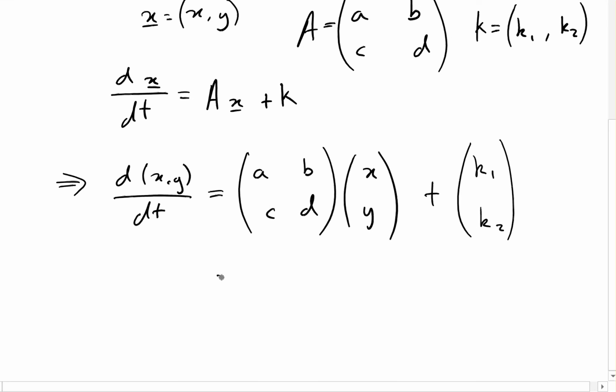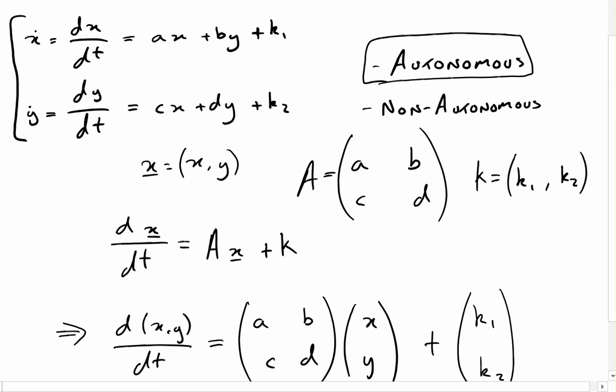Now I'm going to try and expand these two things out, in a special way. I'm just going to consider the first element of each vector and the first row of each matrix, because that should correspond to my first equation, and likewise the second element of each vector and second row of each matrix should correspond to my second equation.